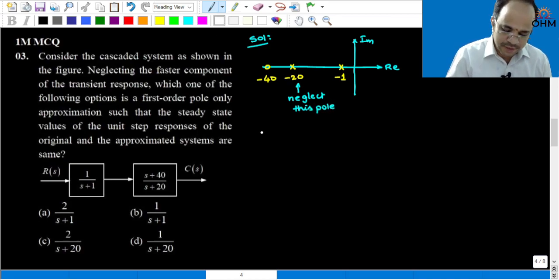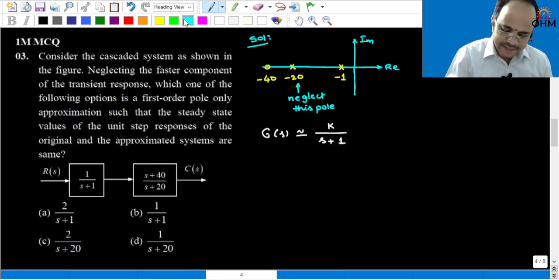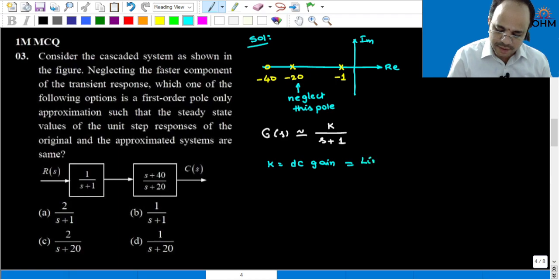Therefore the overall transfer function is approximately equal to k divided by S plus 1. But what is k here? k is equal to the DC gain. So that will be limit S tends to 0 of (S plus 40) divided by (S plus 20).